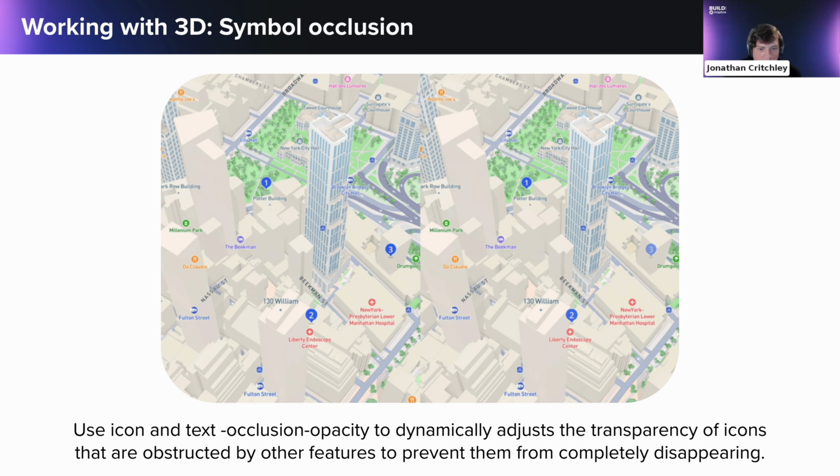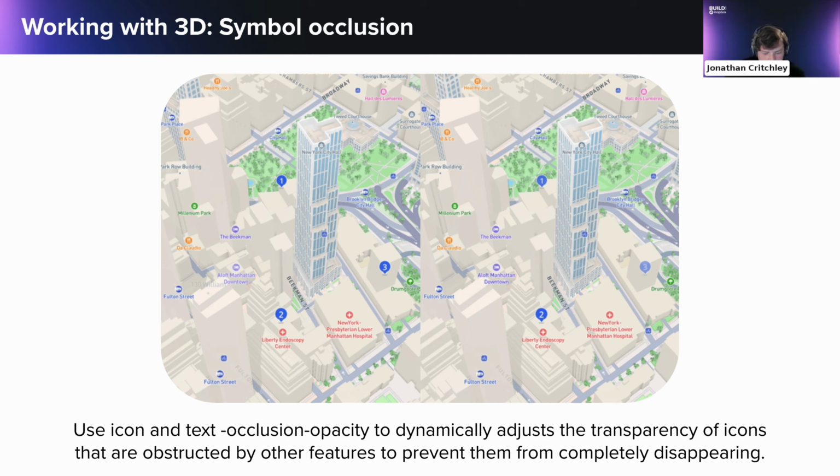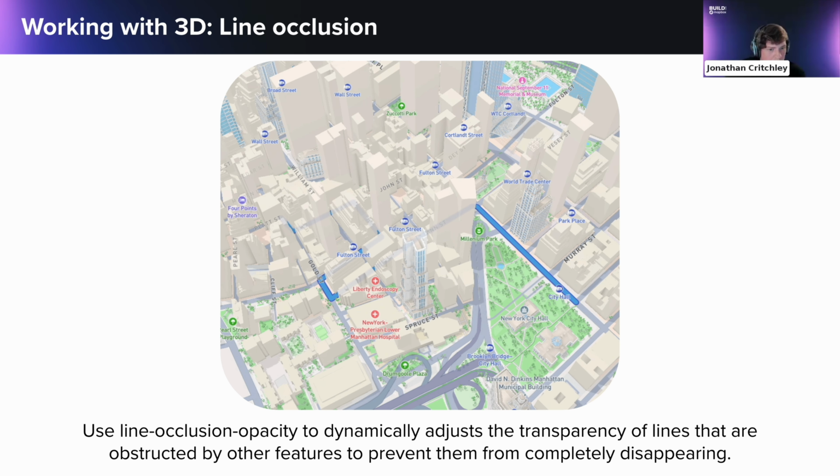So using this, you can ground your custom layers better in the 3D environment. There's also a line occlusion opacity property available for the same purpose. And this allows you to set the exact transparency of line layers, making them discoverable in the 3D environment.